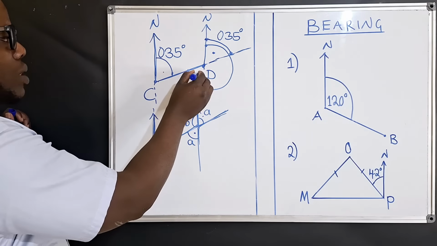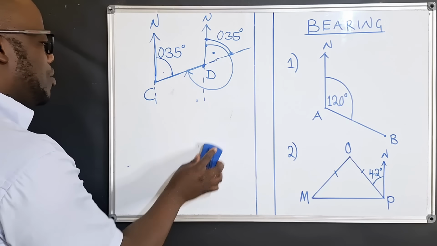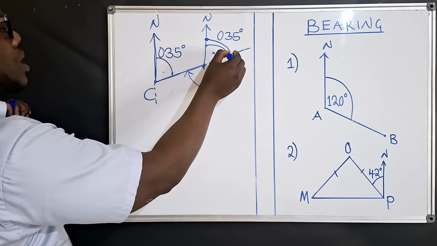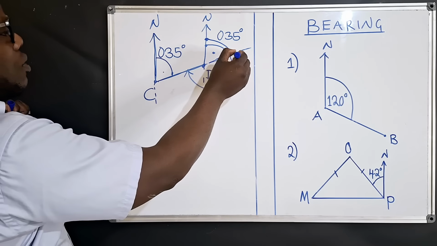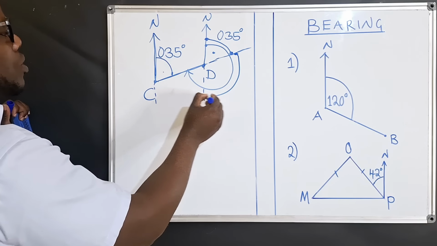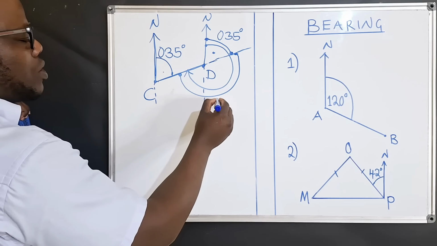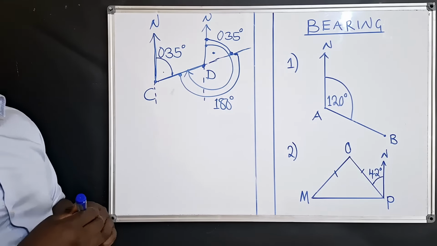This angle will be equal to the angle which is inside. So now look at this. We've now known that the angle from here to here, or the bearing, is 35 degrees. Again, we can also find from here all the way to here, because this is a straight line. And we know that the property of a straight line is 180 degrees, in case you didn't know.